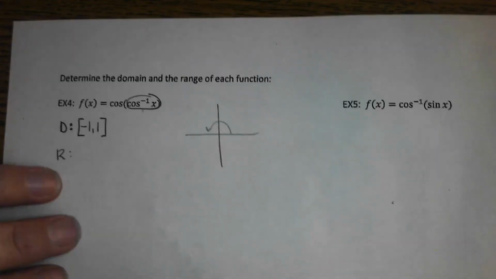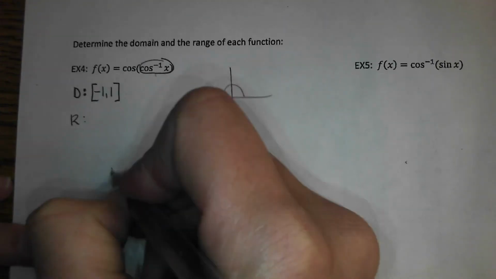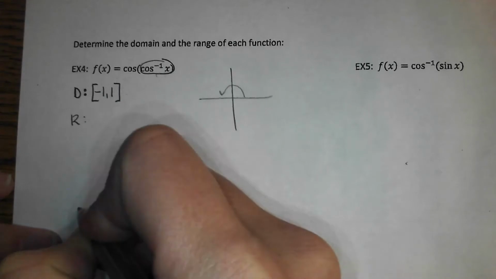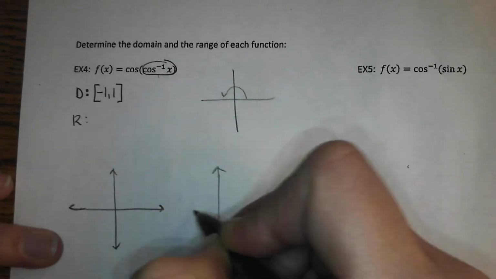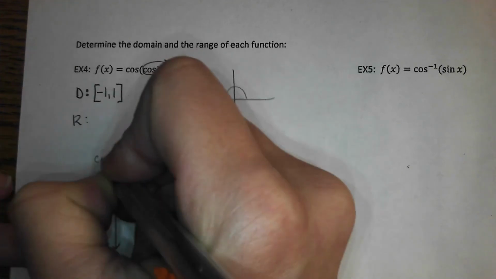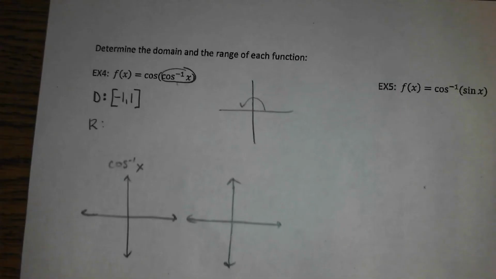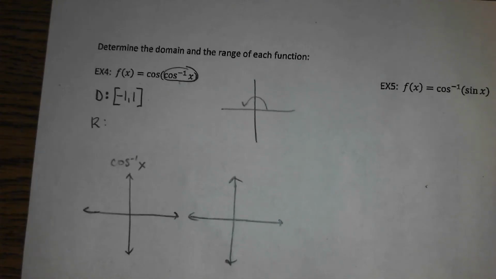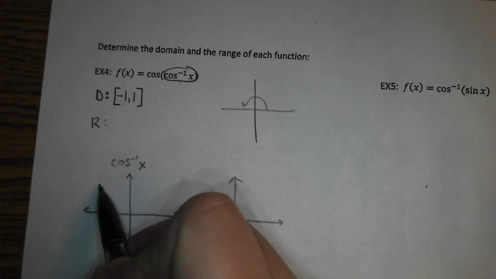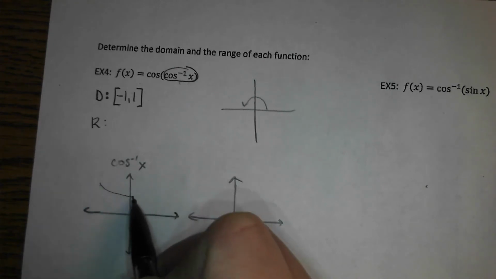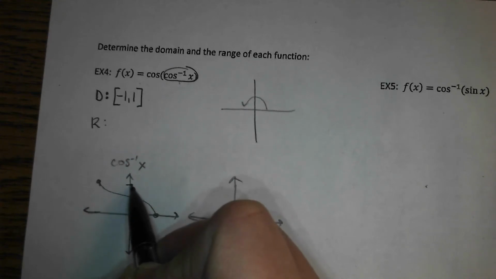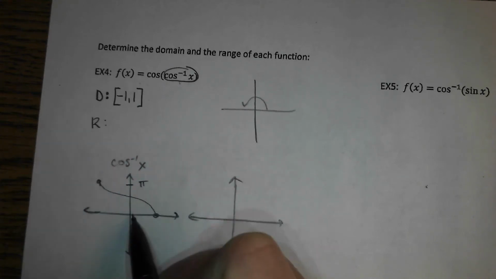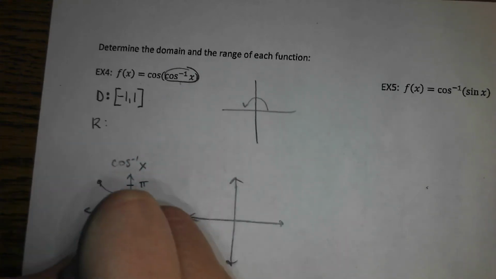Let me do it this way. I'm going to do something different here. I'm going to sketch an inverse cosine parent graph, which looks something like this. This is pi. This is 0. This is -1.